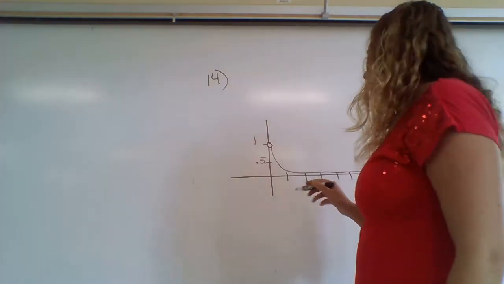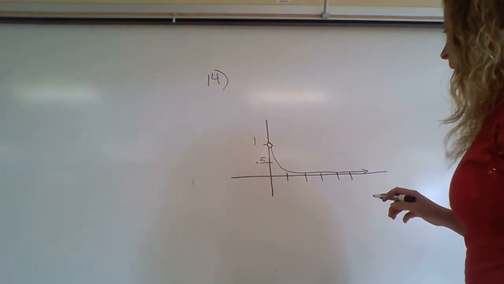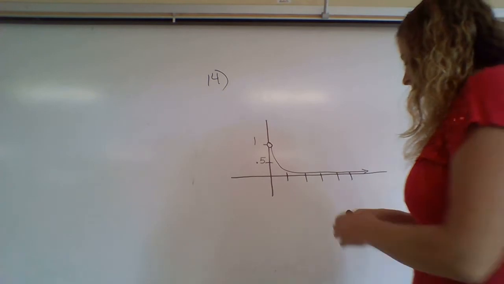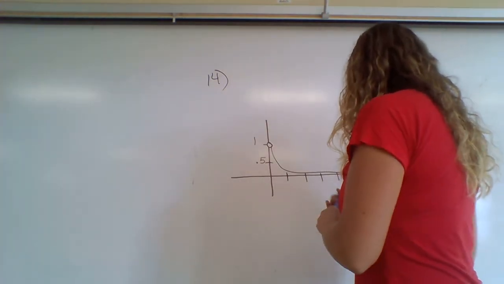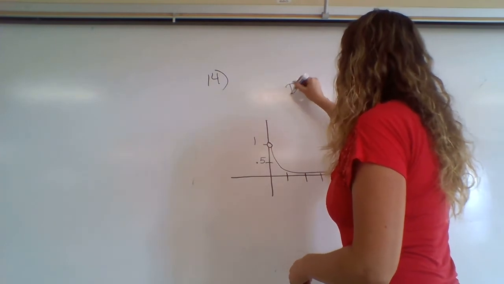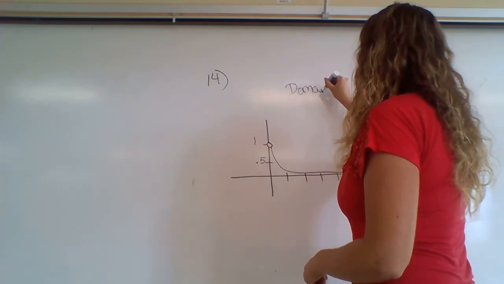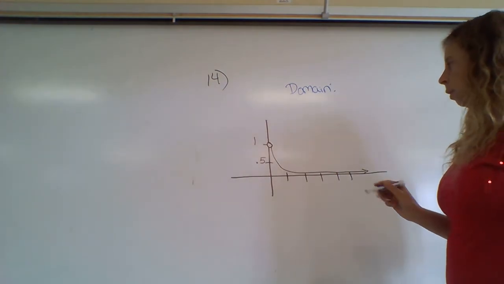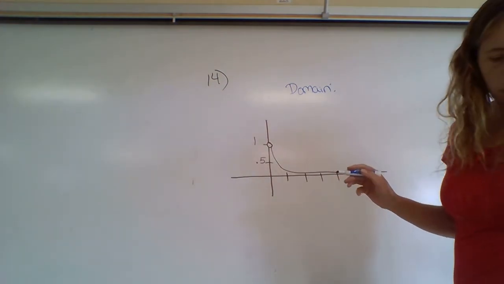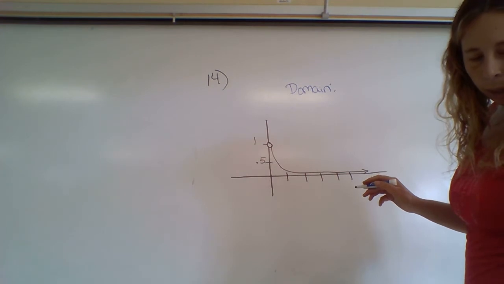Okay, well, we'll do the domain. So remember, this is looking at the x values. So there's an arrow going this way.